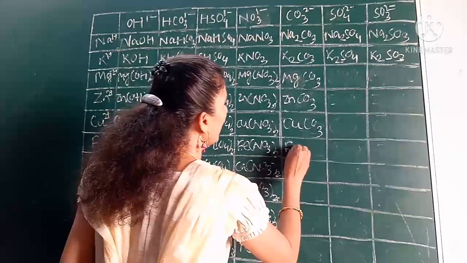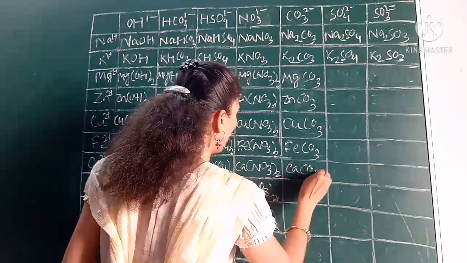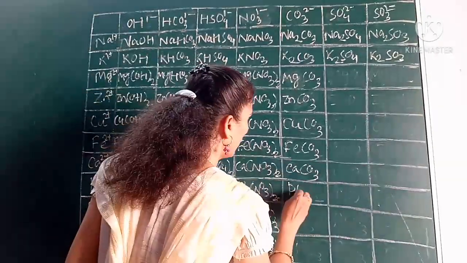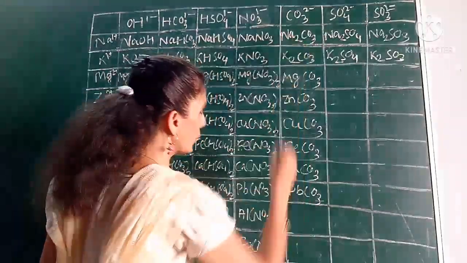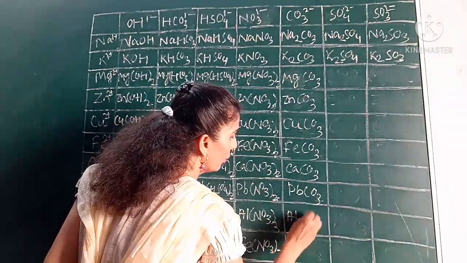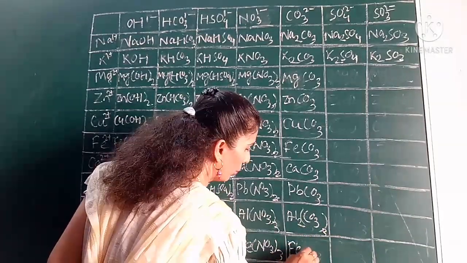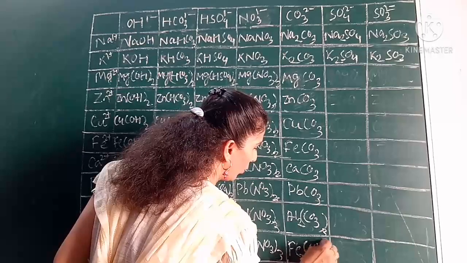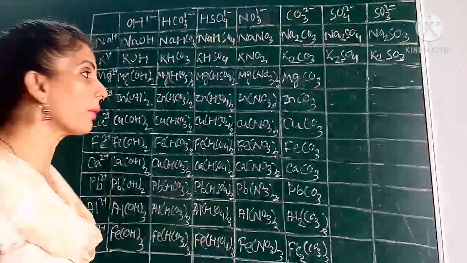Then after Fe, CO3. Then after Ca, CO3. Then Pb, CO3. Then it will come Al, and this is the 2. So Al2(CO3)3. Fe2(CO3)3. Go to the sulfate, SO4, same format is there.